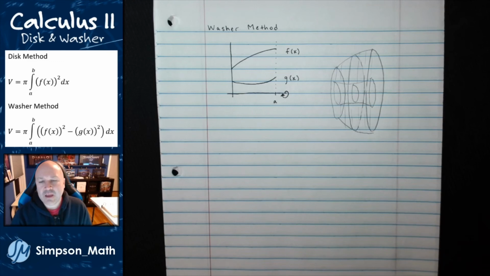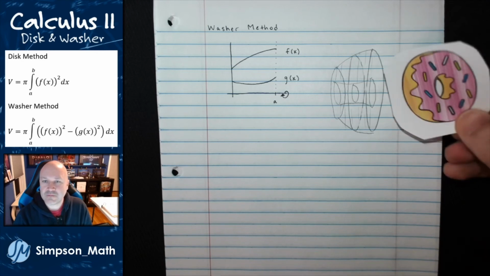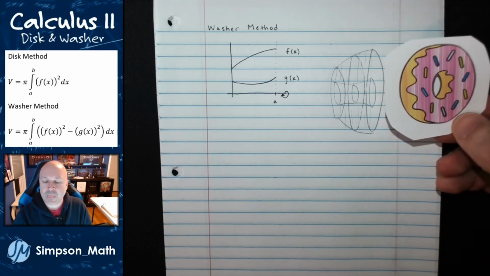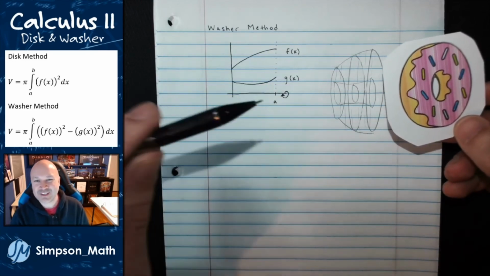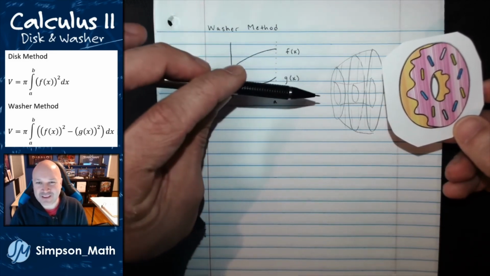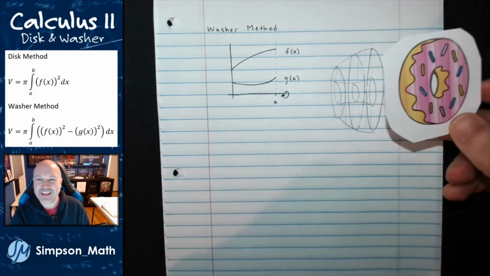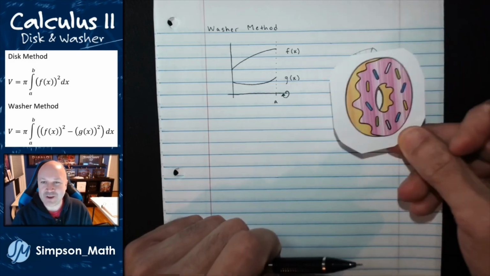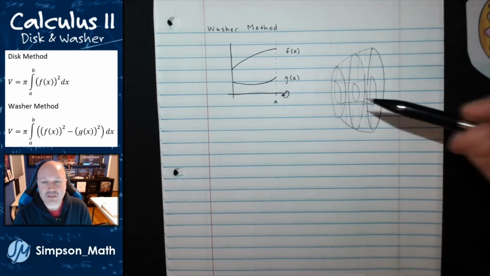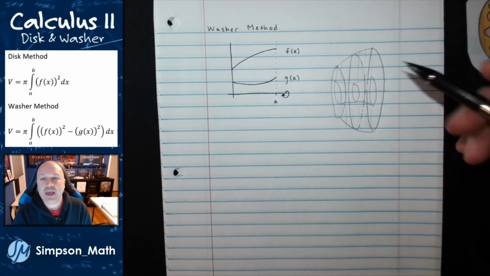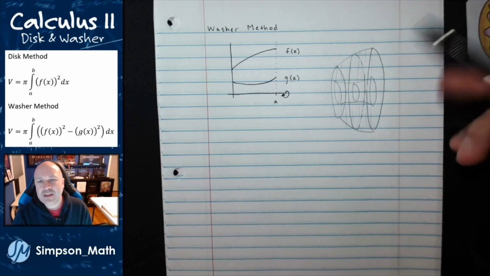But this is that ring torus. I've got basically a donut sitting here. There's a hole in the middle of that donut. I'm envisioning, for whatever reason, a Star Wars scene where the airplanes have to fly within an asteroid or something. So here we have a solid of revolution, a ring torus, and I need to find the volume.